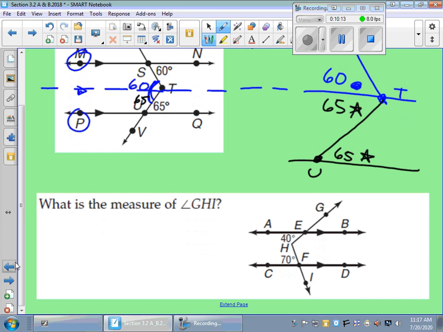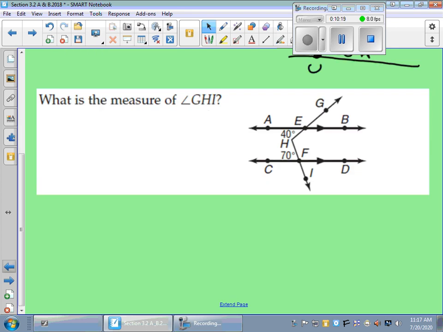Next question here, same type of idea. Let me extend it a little bit here. In this specific example, we want to do the same thing. We want to draw a parallel line to help us get to where we want to be.